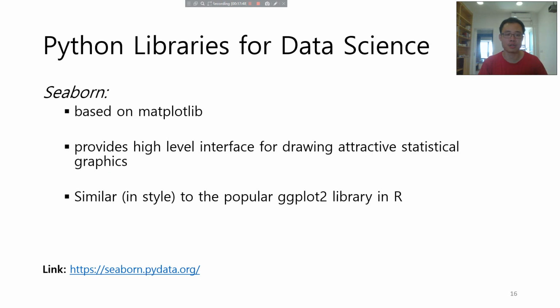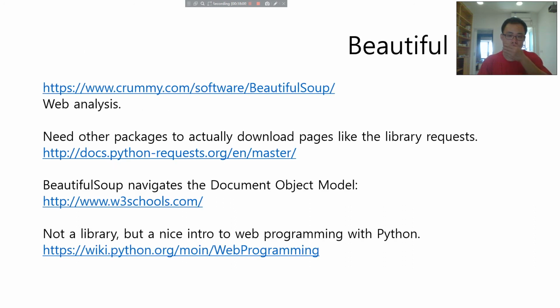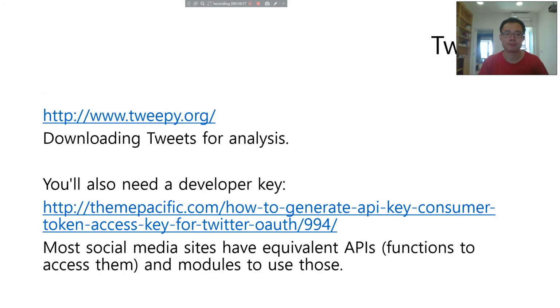And Seaborn is another library based on matplotlib, and it provides a high-level interface for drawing attractive statistical graphics. BeautifulSoup, we will also talk about this. This is for analysis of HTML web pages, and we will use it for web scraping.